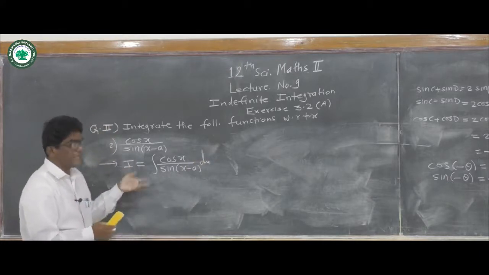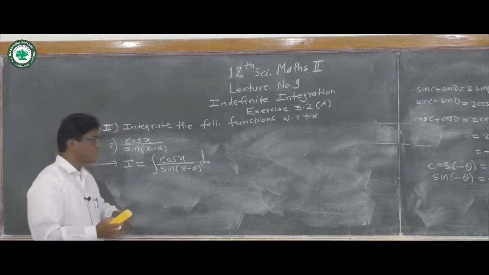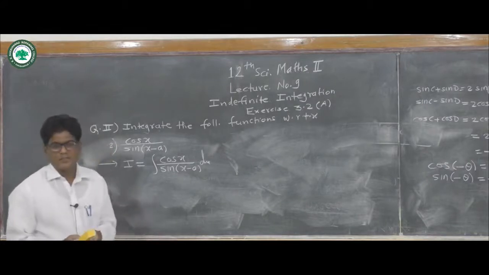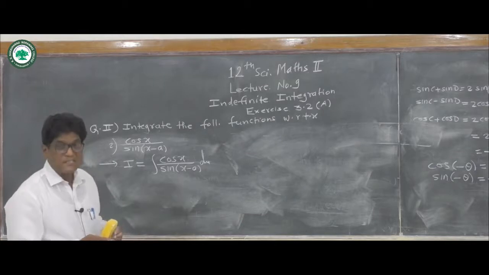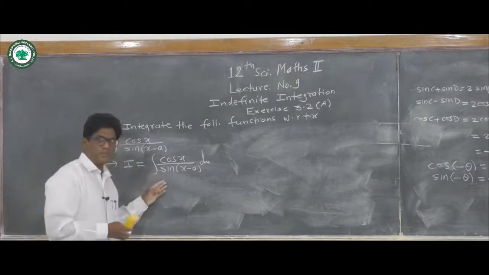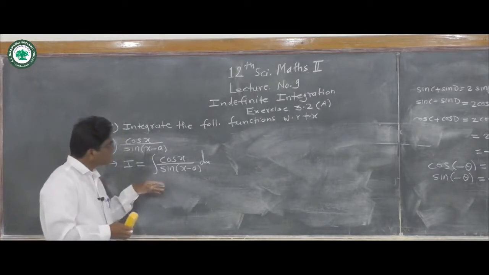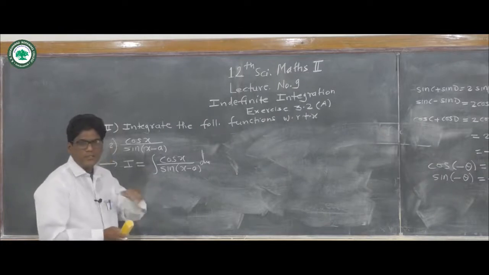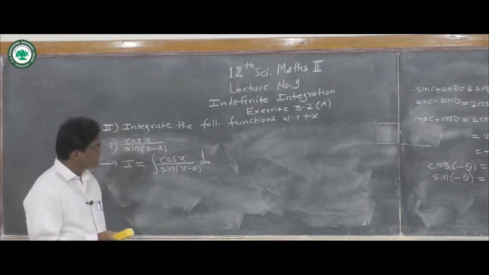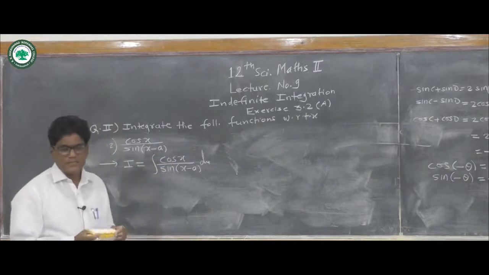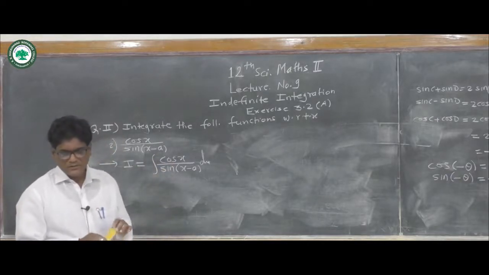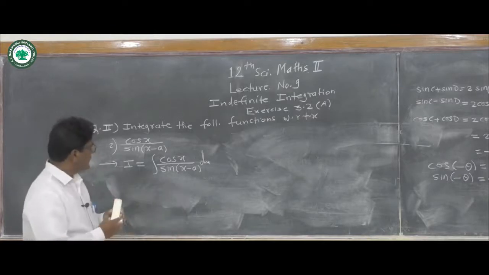This is a new trick to solve such problems. There are many problems like this in this question and in the miscellaneous exercise. If we solve one problem, you may solve the remaining problems.